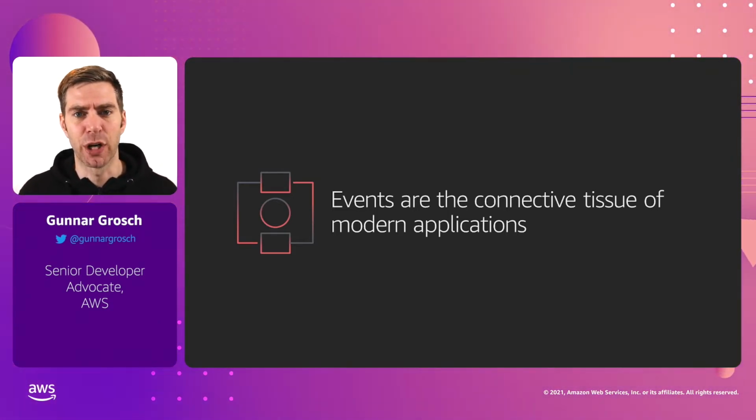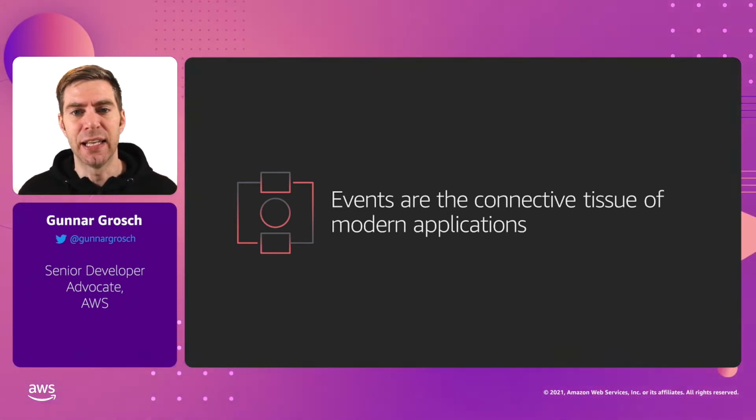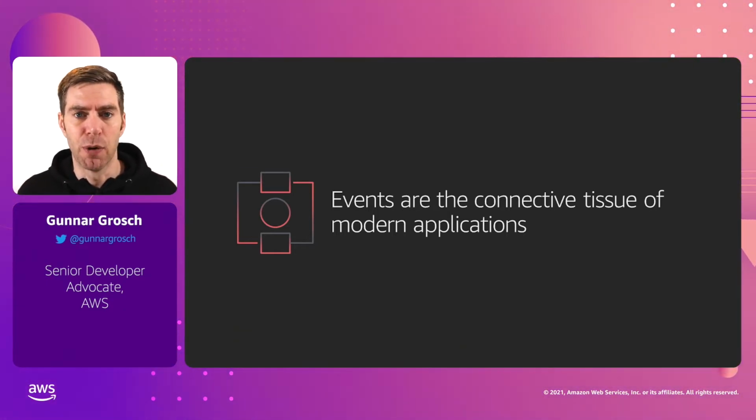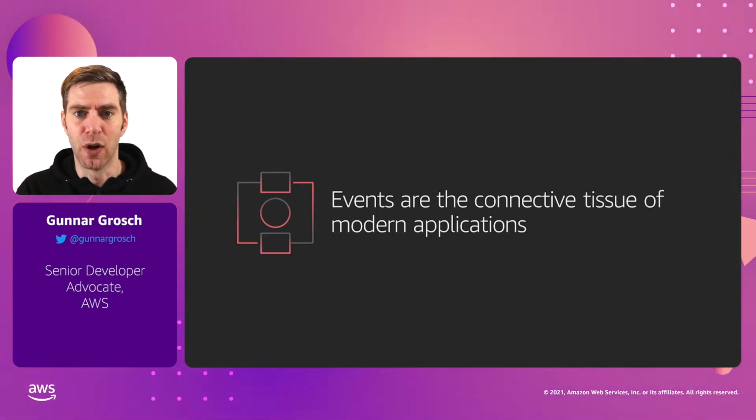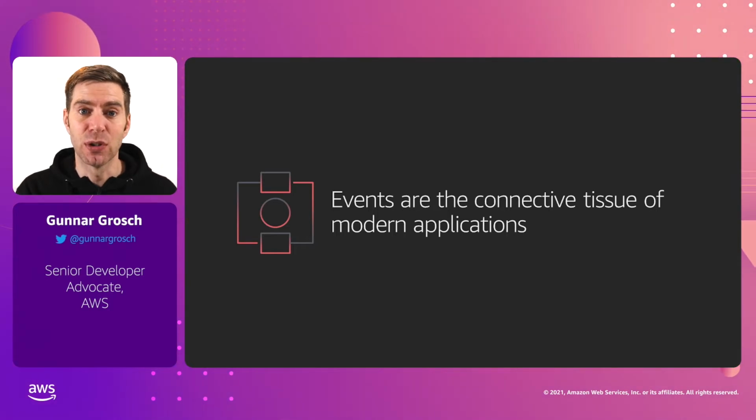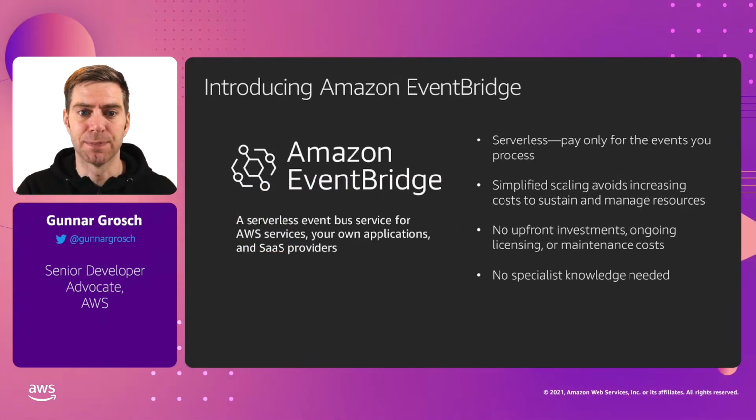And event-driven architectures can really help you improve scalability, fault tolerance, and agility by reducing dependencies between different components within your application. And as events are asynchronous, you don't need to wait for a response to move on to the next step. And this also improves resilience and reduces these dependencies.